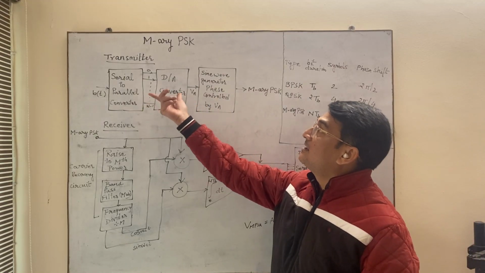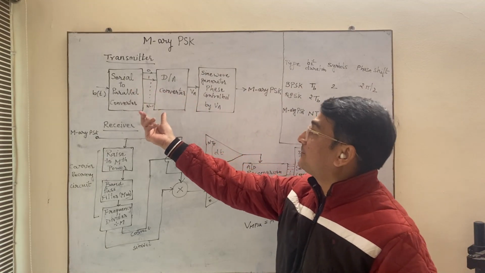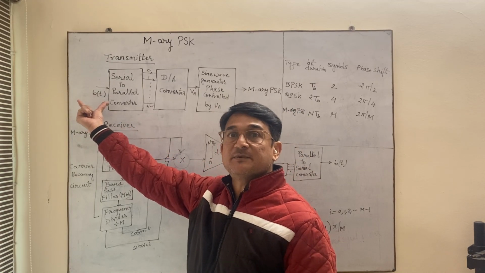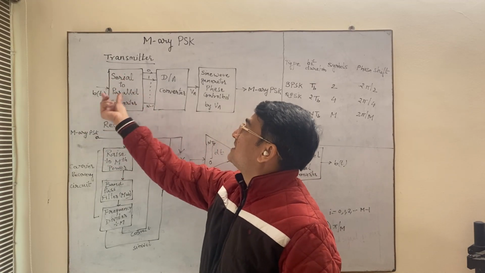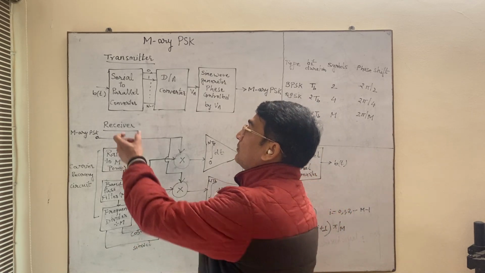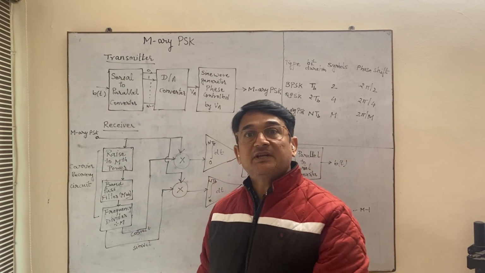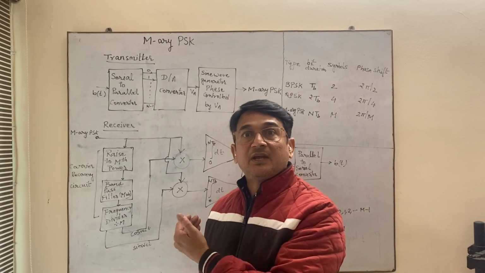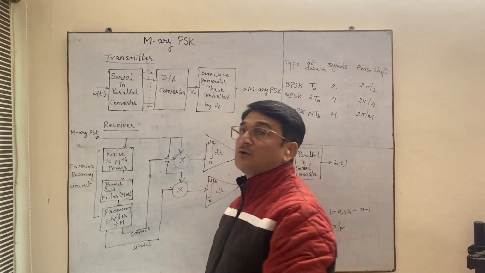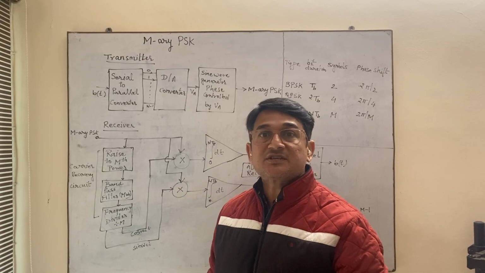Now we will see the M-ary PSK transmitter. In the M-ary PSK transmitter, the bit sequence which we are going to transmit is converted from serial to parallel. Serial to parallel conversion will be something like this. There is a bit stream coming. If you are combining 3 bits, how many combinations are possible? 8 combinations are possible.